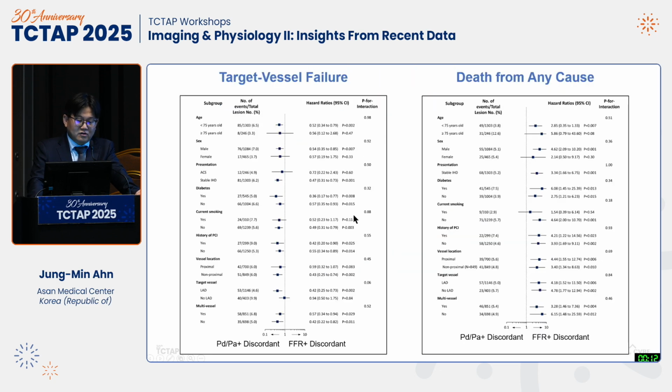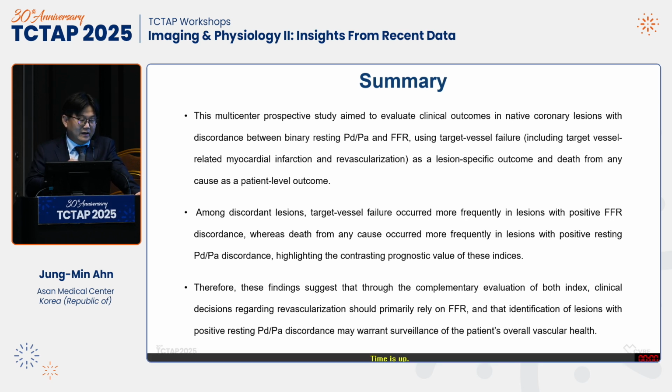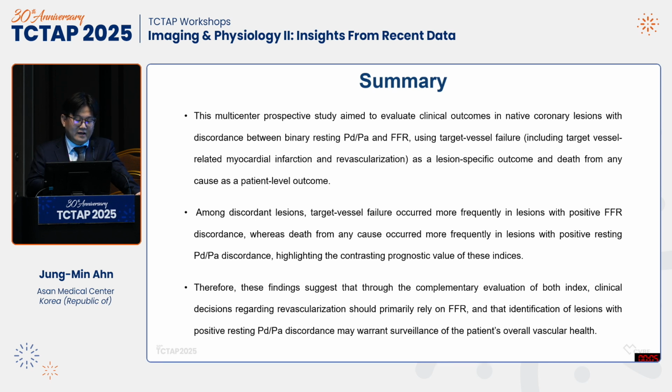Every subgroup shows similar outcomes. This is my summary. This multicenter prospective study aimed to evaluate clinical outcomes in discordant lesions between binary resting PDPA and FFR, using target vessel failure as a lesion-specific outcome and death from any cause as a patient-level analysis.